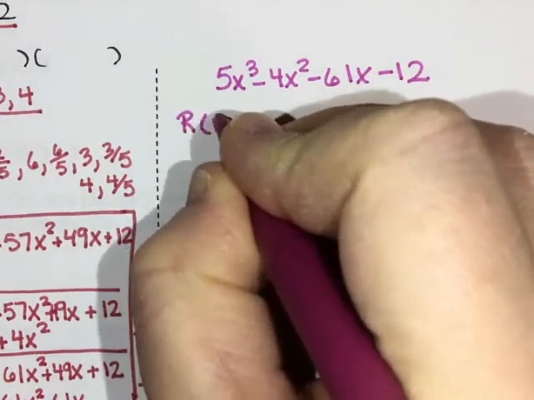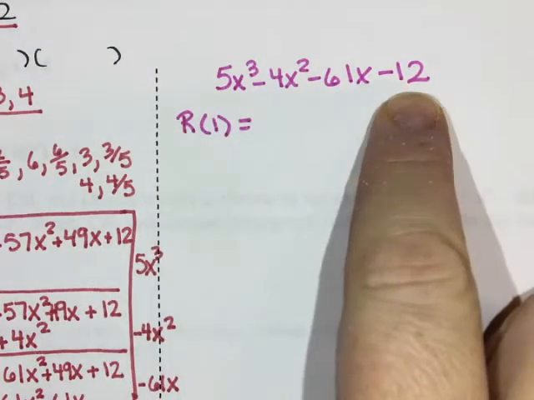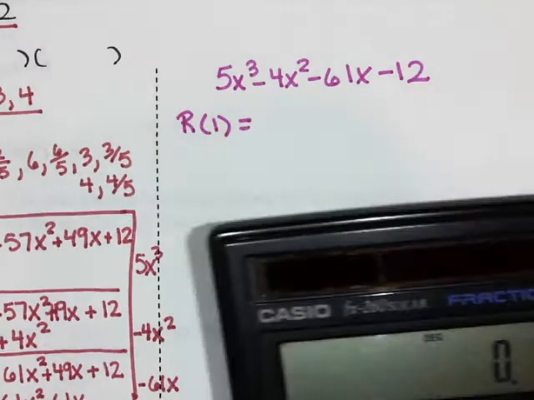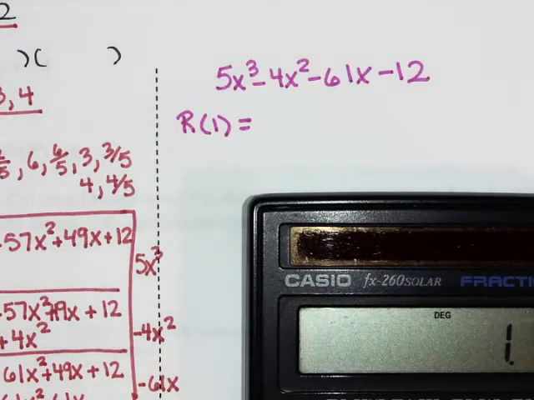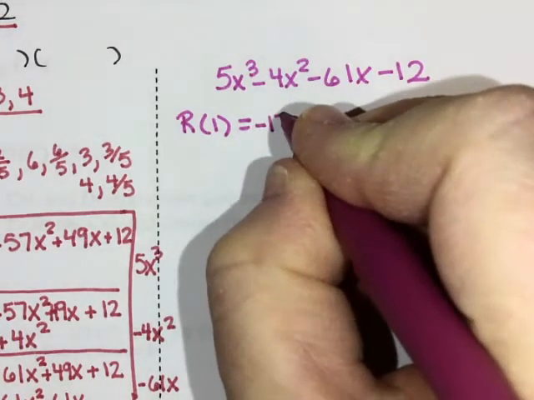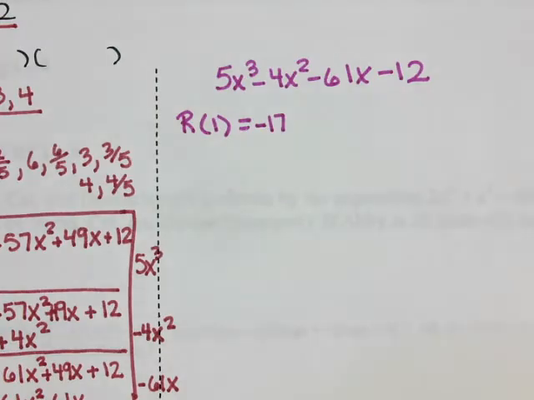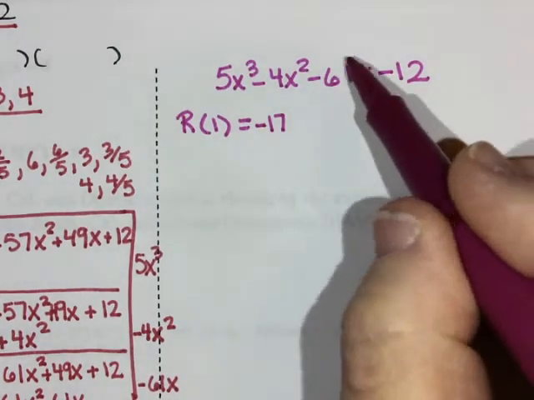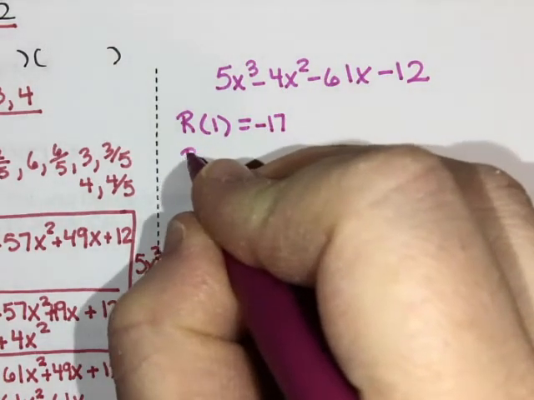So I'm going to try 1 again in my new equation, not the old one. I have 5 times 1 to the power of 3 minus 4 times 1 to the power of 2 minus 61 times 1 minus 12, and I got negative 17. So clearly that didn't work. I could try negative 1. That 61, though, to me is kind of big.